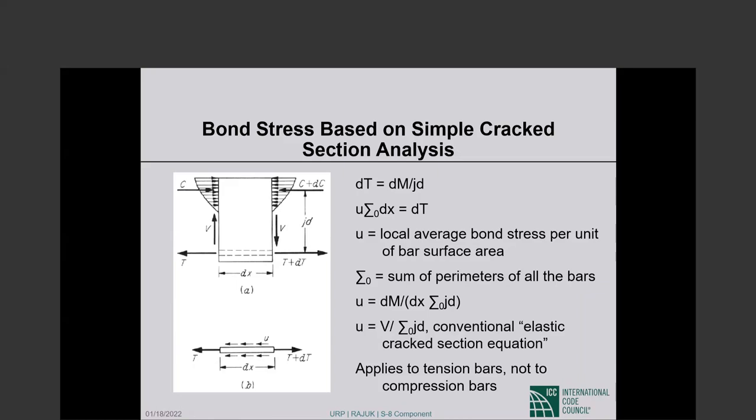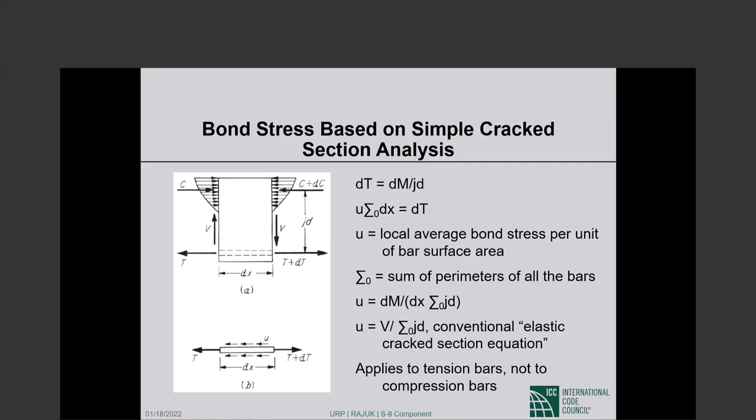So sigma sub 0 times dx is the total area over which the bond stress acts. If we multiply sigma sub 0 dx by u, we find the total bond force that has to equal the incremental tension dT.